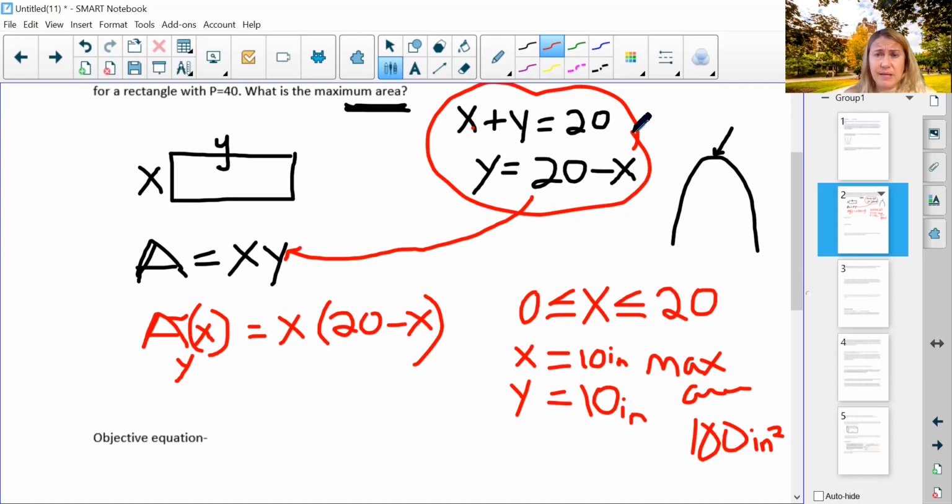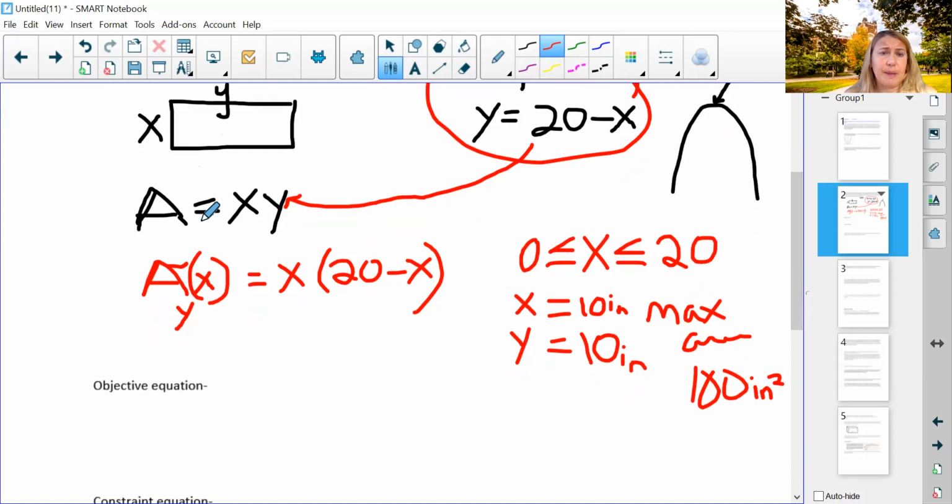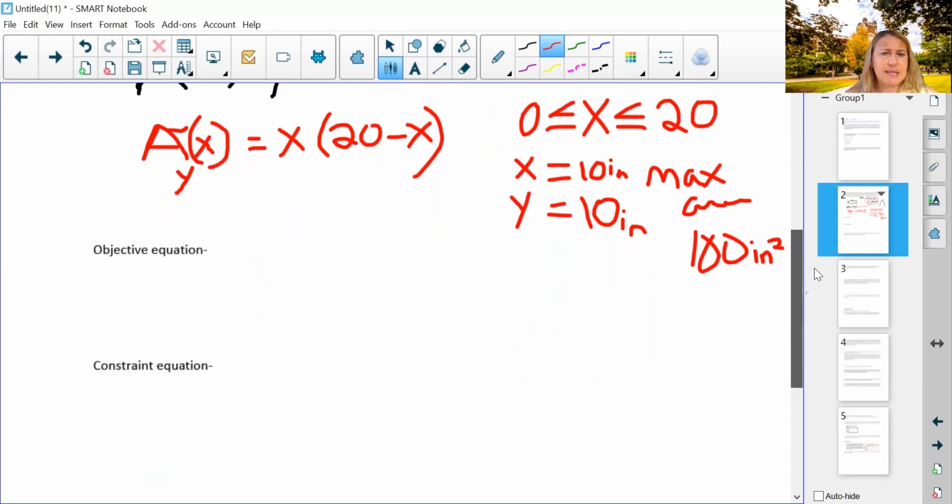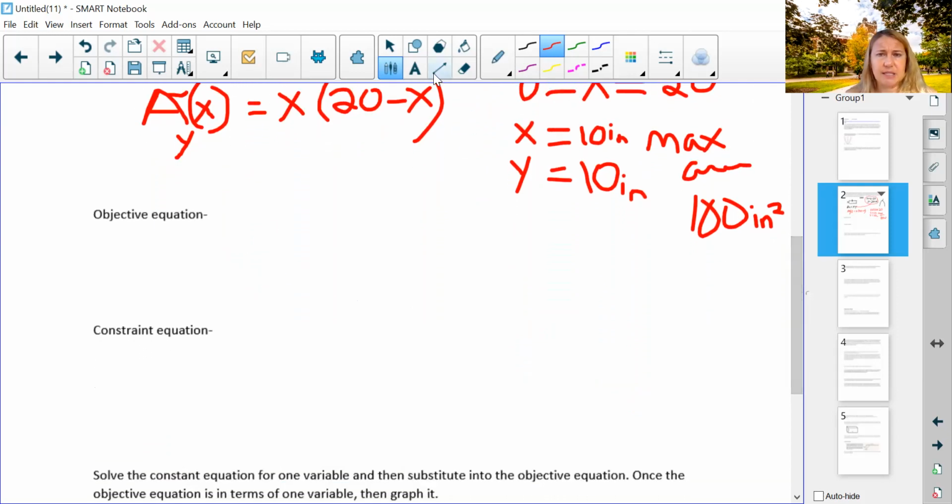That prevented me from making X and Y as large as I wanted. And then the objective of this problem was to find the maximum area. Okay, so this was my objective, right? To find area. So that's how we get these terms, objective equation and constraint equation.